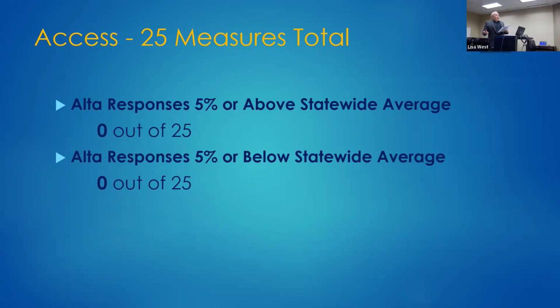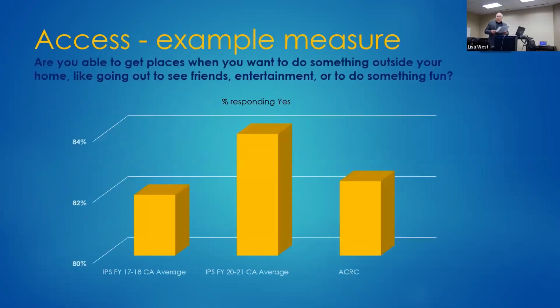Not necessarily a great thing, not necessarily a bad thing, but we want to share with you, even though there's no significant outlier in this measure, what one example of a question pertaining to access might have looked like. So clients were asked, are you able to get places when you want to do something outside your home, like going out to see friends, entertainment, or to do something fun?